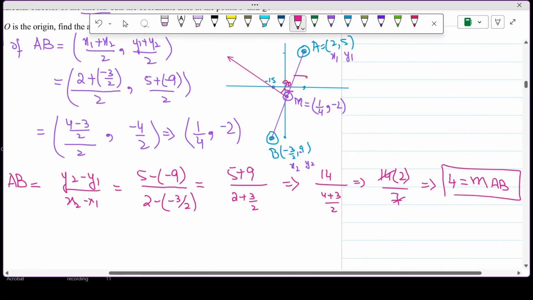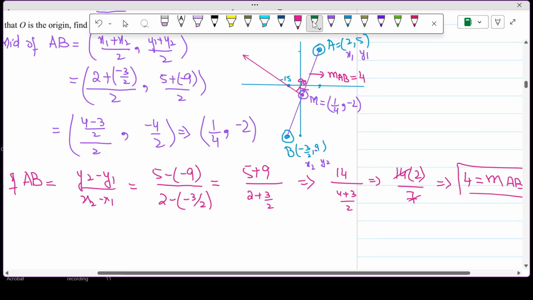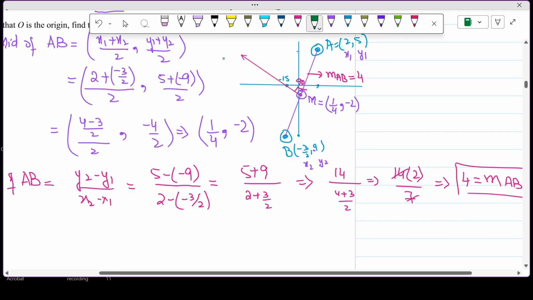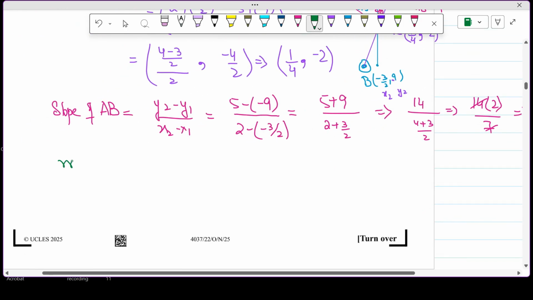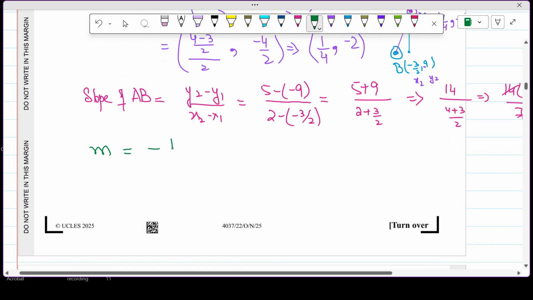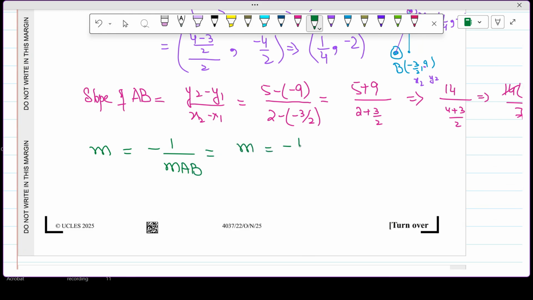So we have the slope of AB, which is equal to 4. So the perpendicular slope, which is the slope of the perpendicular bisector, is equal to -1 over the slope of AB. So the slope of the perpendicular bisector is -1 over 4.